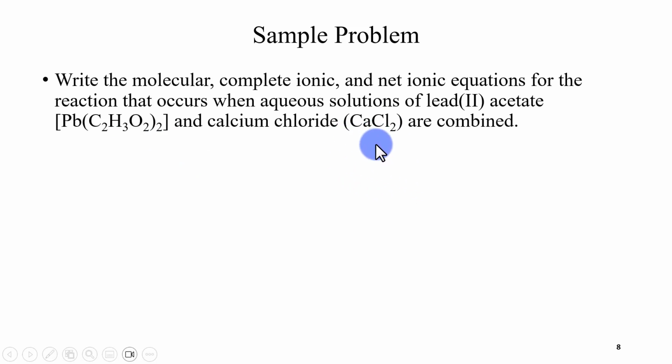Write molecular formulas, so don't write ions yet, although you do have to use the charges on the ions to figure out what the correct molecular formulas are going to be. And then once you write the molecular equation, balance it, then write the complete ionic equation, so split everything into ions, and cancel those ions that appear on both sides exactly. What's left over will be the net ionic equation.